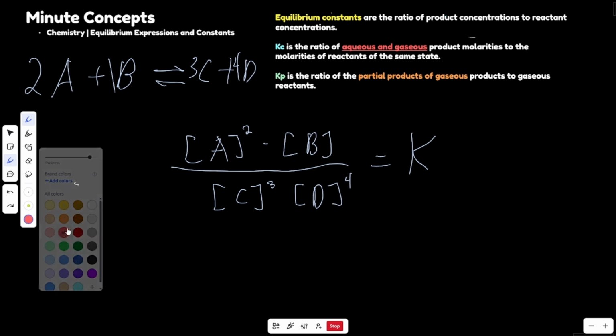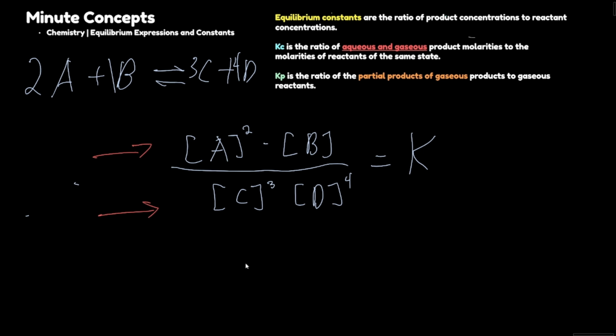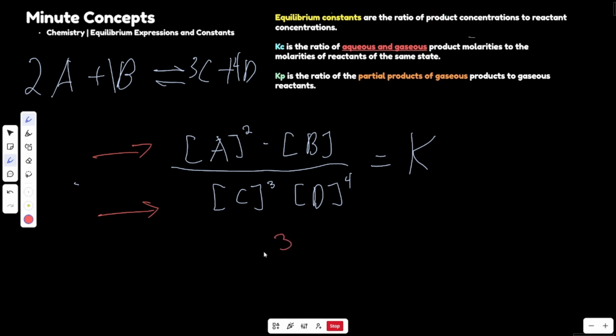In this expression, we're comparing our products on the top and our reactants on the bottom. Just for understanding, let's say that the top totals to 3 and the bottom totals to 2.